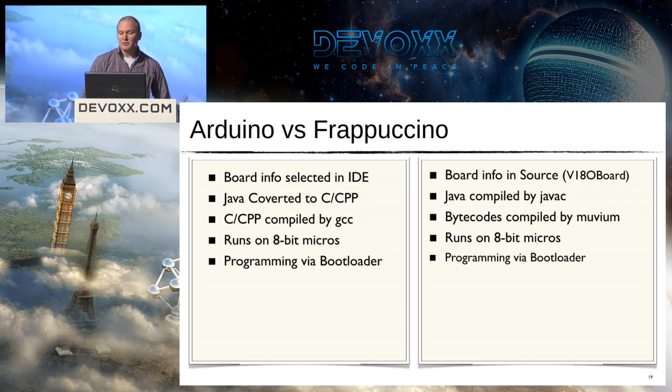Arduino converts Java-type syntax into C and C++, and then compiles that using GCC. For Frappuccino, the Java is compiled by Javac, or whatever Java compiler, and the bytecodes are processed by Muvium. Muvium is an ahead-of-time compiler, and I'll talk about that in a second. They both run on 8-bit micros, and they both program the embedded microcontrollers over a bootloader.